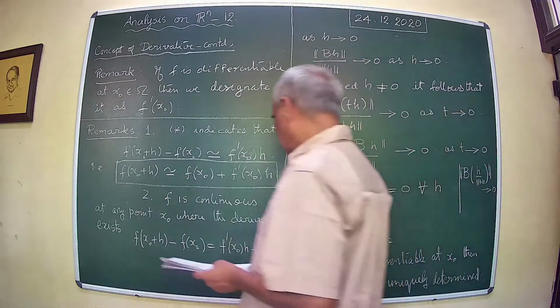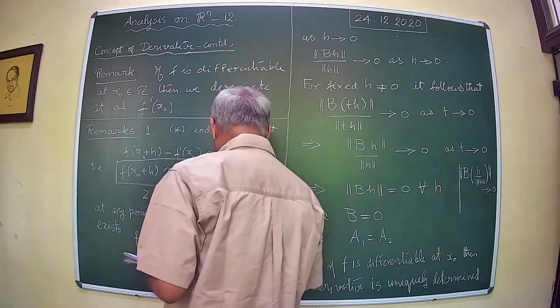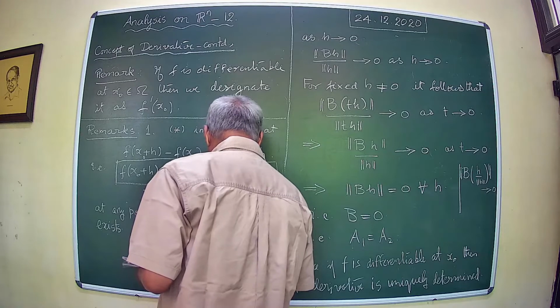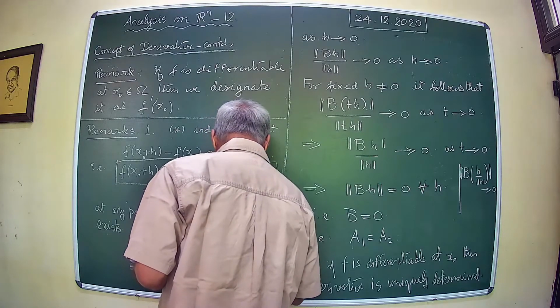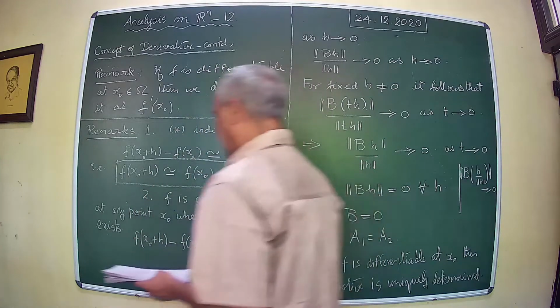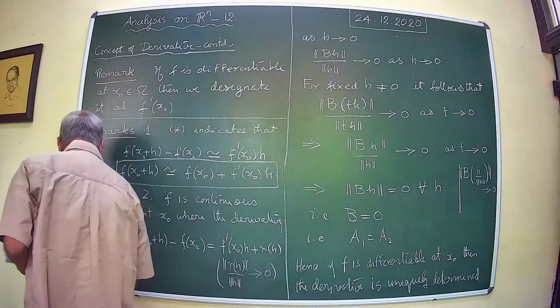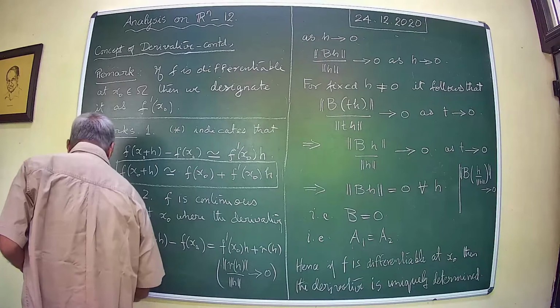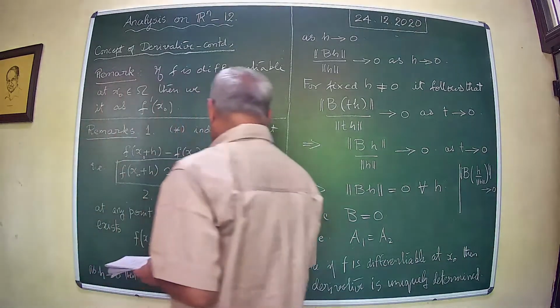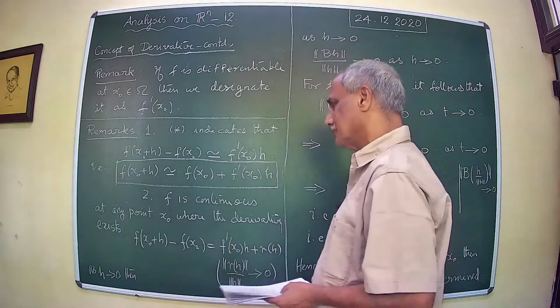Okay. So with r h, therefore you see that as h tends to 0. And one more thing that you have to observe, this is bounded.